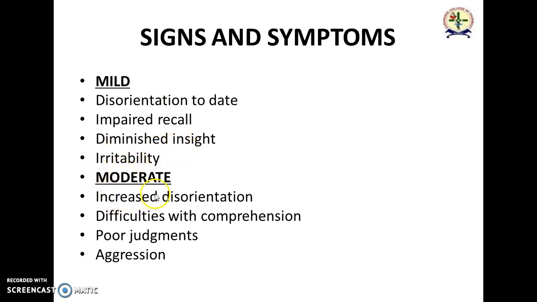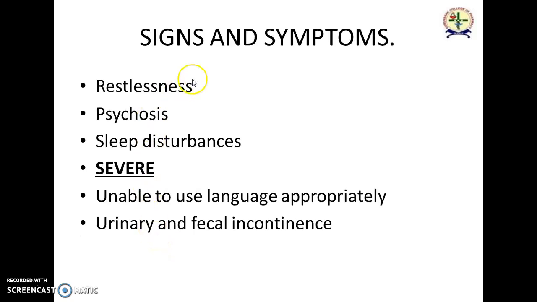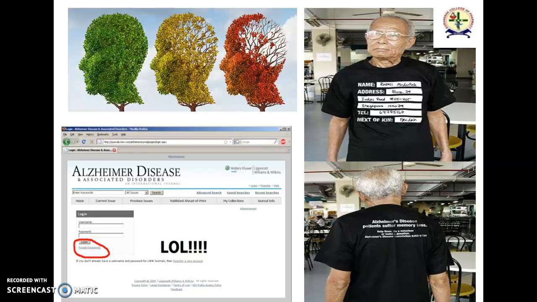In moderate, the disorientation increases further, poor judgment occurs, the patient becomes aggressive, restless, sleep disturbances occur and it ultimately leads to psychosis also. In further development, in severe cases, it causes language inability or talking improperly. It also causes urinary and fecal incontinence.